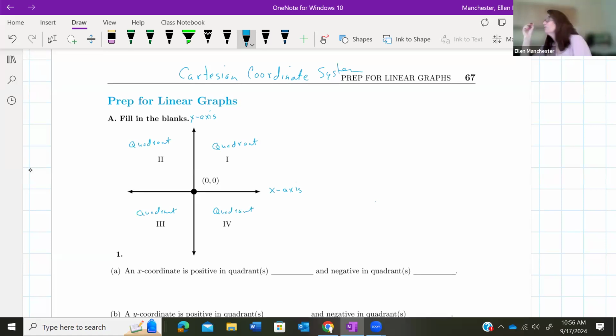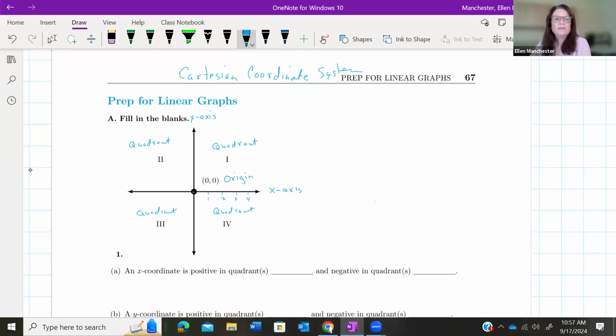Now, each of these quadrants has a very special value system. All right, these are number lines. This 0, 0 point right here, this solid dot, that's called the origin. So that's kind of where everything starts. That's your 0, 0. To the right of the origin is positive. It's a number line. We'll just go up to 4.